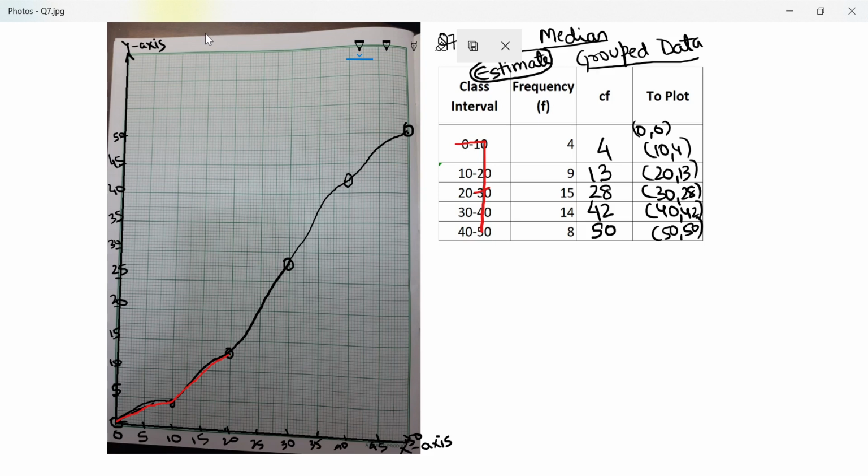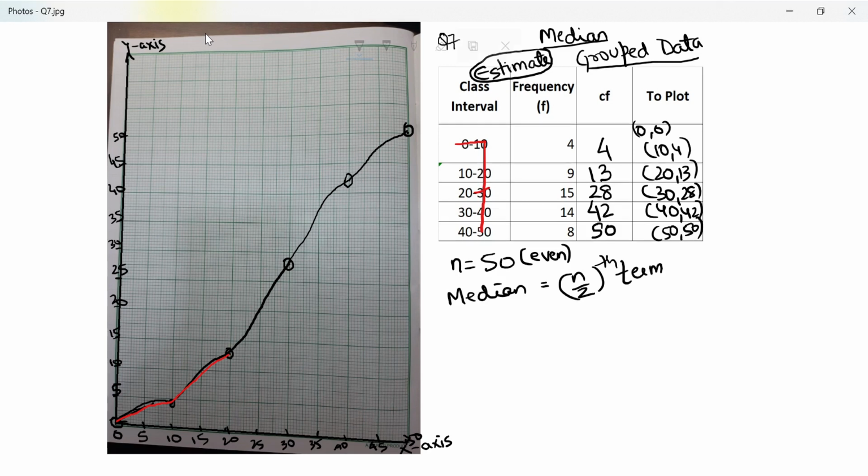In this case, let's say my n is 50, which is even. So the median in this case is the n by 2th term. Please note a change from what we've been doing till now. Till now, in case n was even, we would take the n by 2th and n by 2 plus 1th term and take the average.